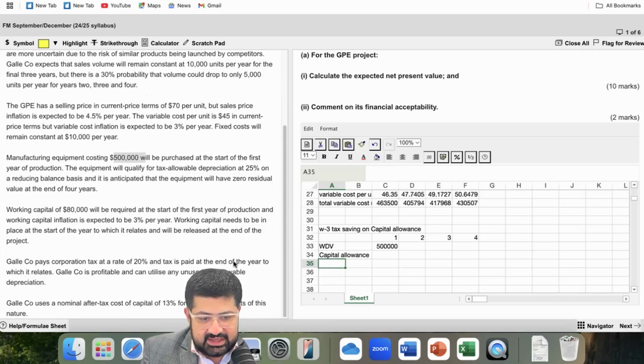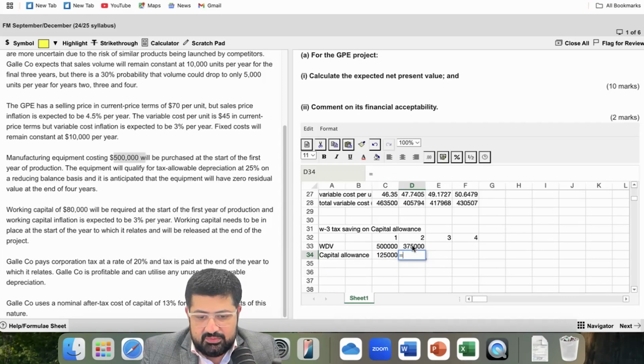And tax is at the end of the same year. So same year it is. So this into 25%, capital allowance. The next year written down value will be here. Previous year written down value less capital allowance charged. So this will be the written down value at the start of next year.